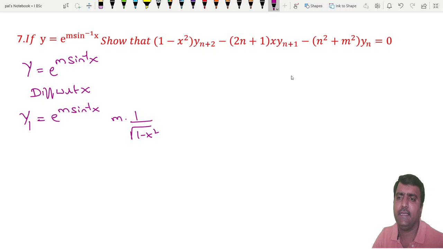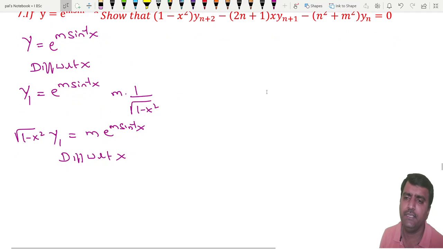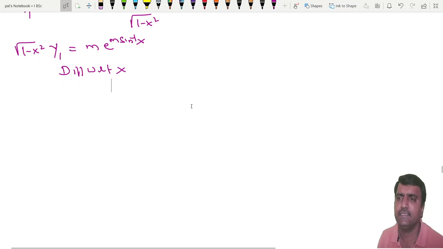So now take cross multiplication: root of 1 minus x square into y1 is equal to m into e to the power of m sin inverse of x. You can write it as y in the next step, or you can differentiate directly, no problem. Differentiate this with respect to x. Use the product rule to differentiate the LHS.